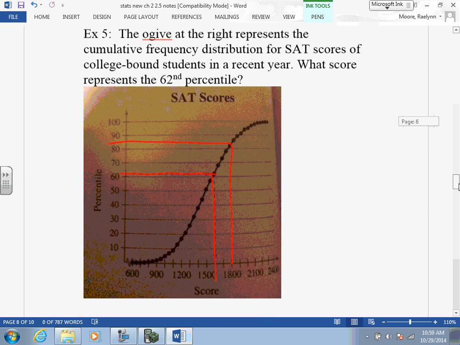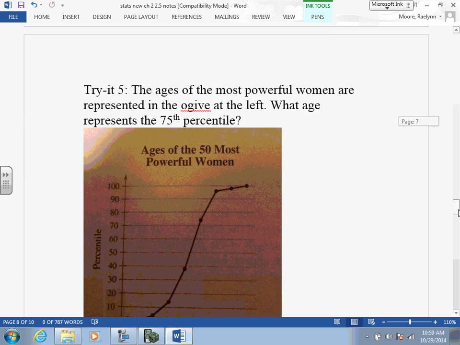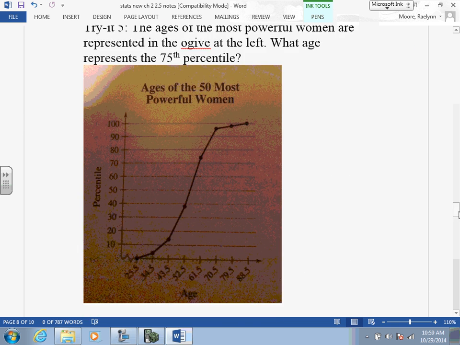SAT scores. This was the ages of the most powerful women: how their ages are ranked, not with their particular ages minus everybody else's age, but out of how many there were. So say I want to know the age of 70.5, I come over here, I follow it across, and I find its ranking.